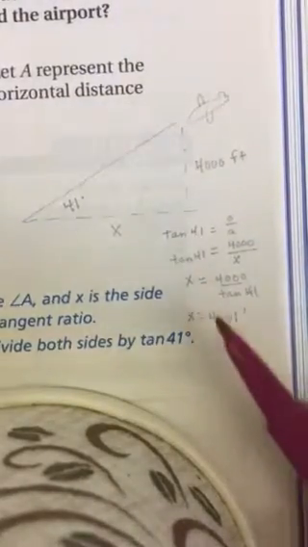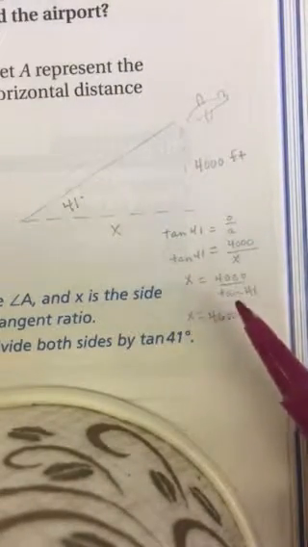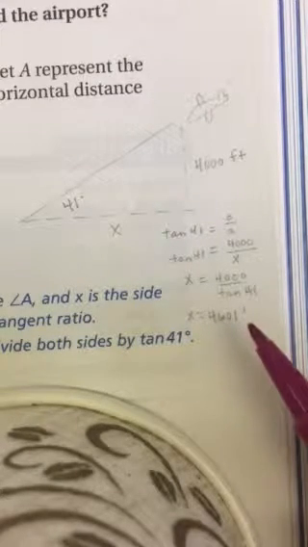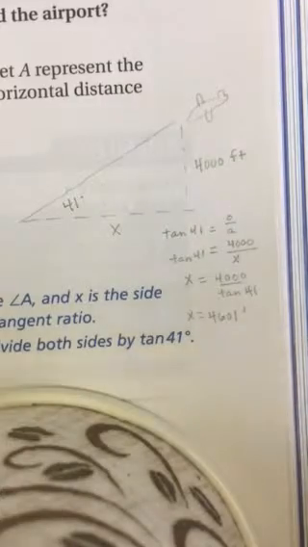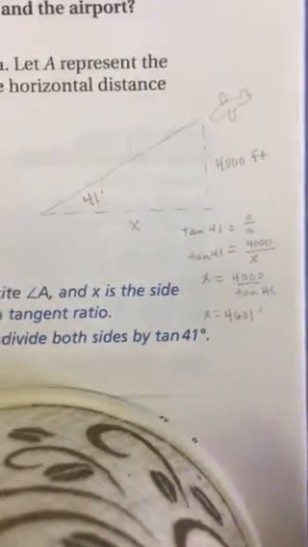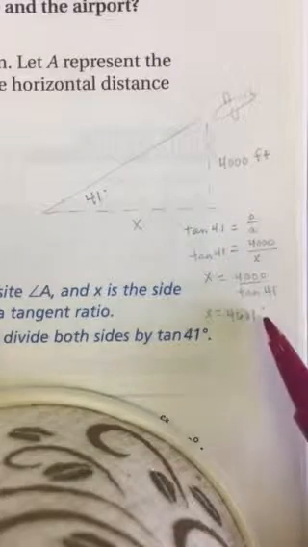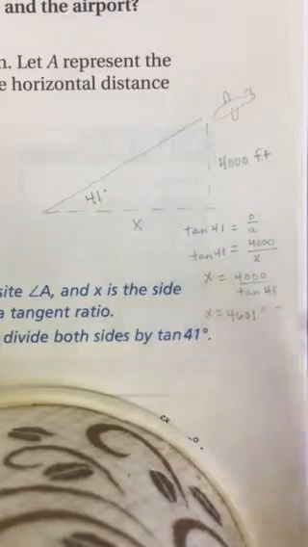Then to keep it alone, we need to divide by tangent of 41. So x is equal to 4,000 divided by tangent 41. And when we do the math on that, we find that our horizontal distance is 4,601. I think what I did there was put square, but I forgot to put feet, so it's feet squared. And hopefully you understood that problem.